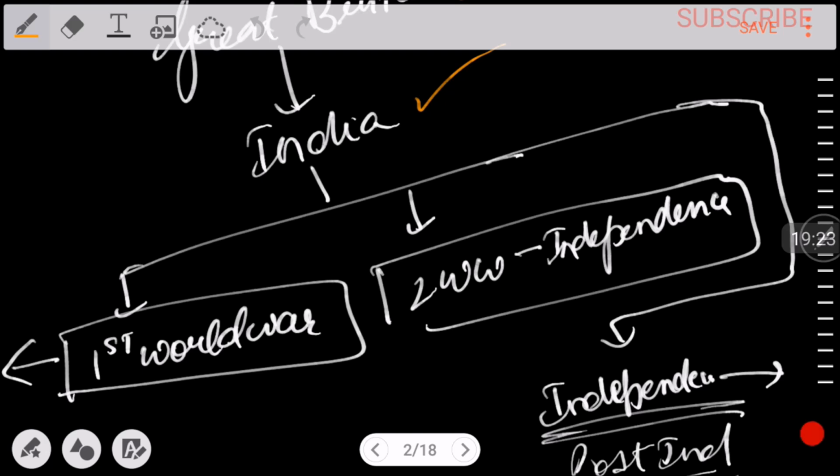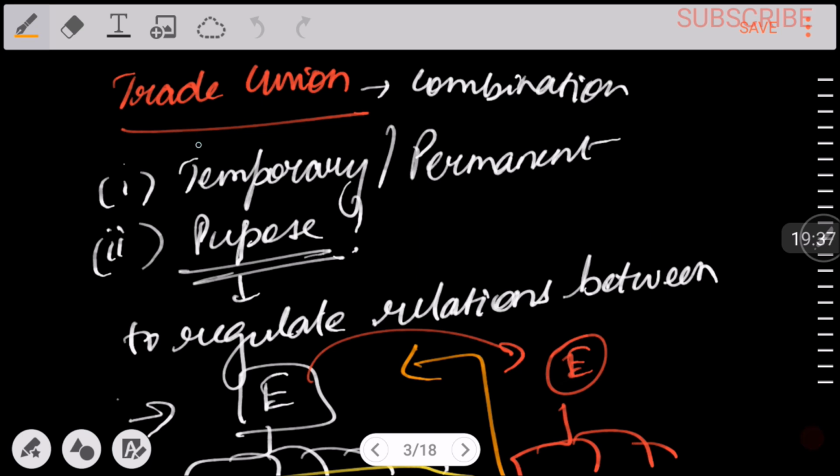To study the history of trade unionism in India, we can divide it into 3 periods as follows: the period prior to the First World War, the period between the 2 world wars or up to independence, and the post-independence period till now.